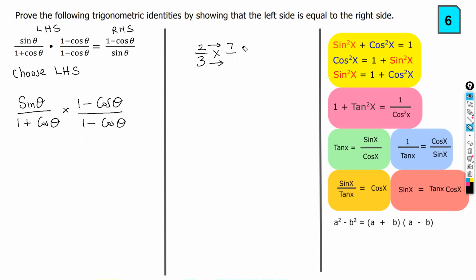The procedure should not be any different for this particular scenario. I don't think anything can cancel out here because you have 1 plus cos theta here and you have 1 minus cos theta here. Those are two different things, so you can't cancel out anything. So it seems, unfortunately, we have to multiply the top by the top and the underneath by the underneath, right?